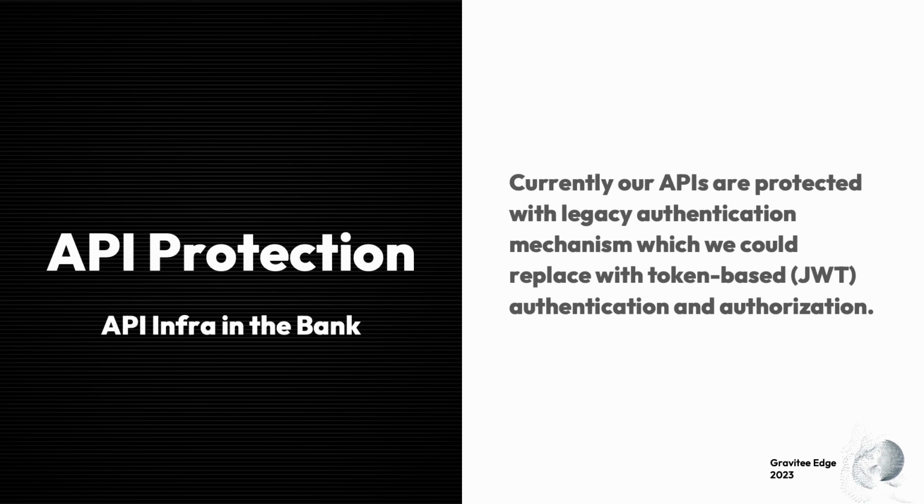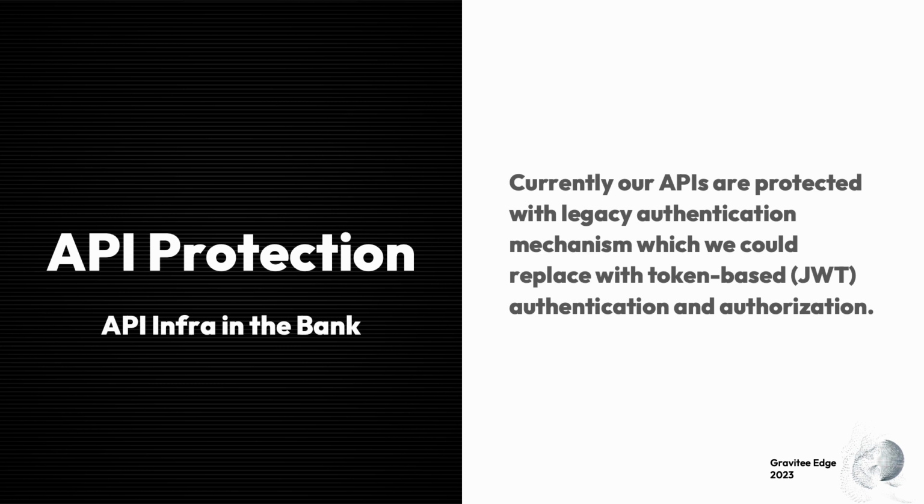This is also helping us move towards the zero trust concept. So all API communications will need to acquire tokens from the IDP, that is Gravitee, before making calls to other APIs. This won't allow any unauthenticated API calls within the network and enhances the overall API security of the bank, on which critical channels of the bank are operating.